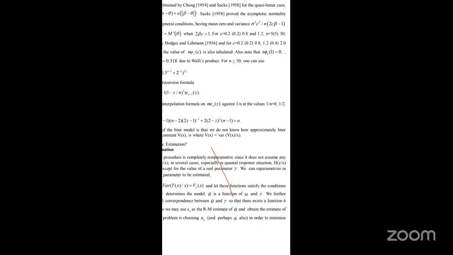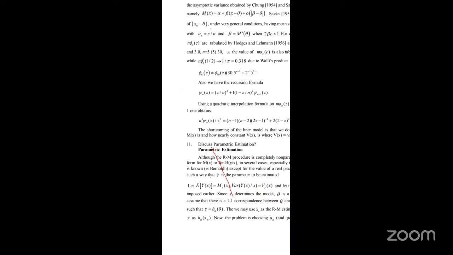Parametric estimation. Although the RM procedure is completely non-parametric, since it does not assume any form for m of x or h of y by x, in several cases, especially in quantal response situations where h of y by x is known except for the values of a real parameter gamma, we can represent it in such a way that gamma is the parameter to be estimated, where expectation of y of x equal to m of x, variance of y of x equal to variance of x, and these functions satisfy the conditions imposed earlier.